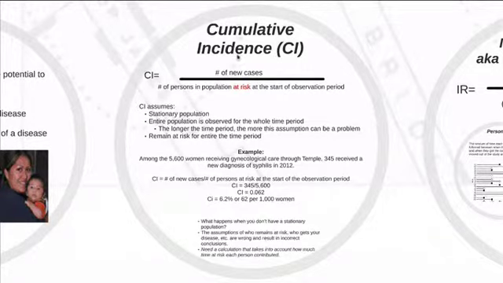So cumulative incidence, the definition or the formula is the number of new cases divided by the number of persons in the population at risk at the start of the observation period. So this is everything we've been talking about. To assess cumulative incidence, or incidence, as I mentioned before, you're going to need to follow a population over time, right?